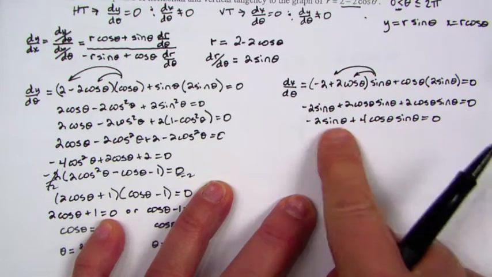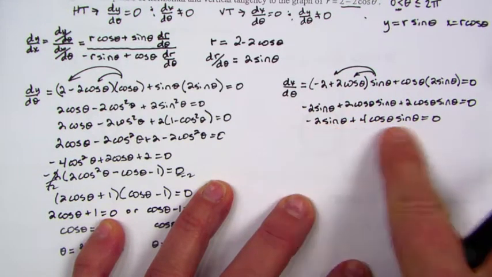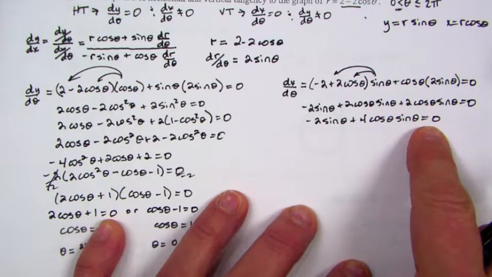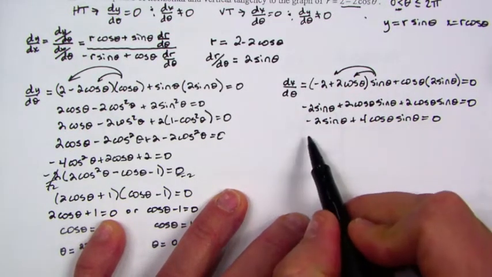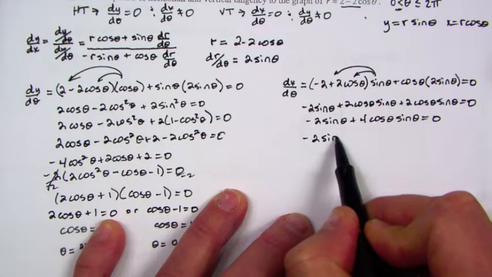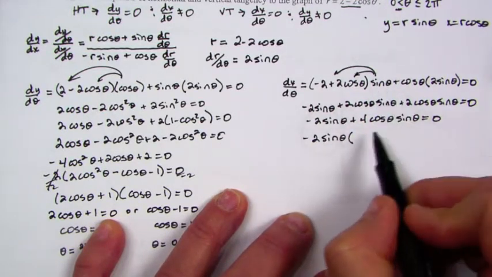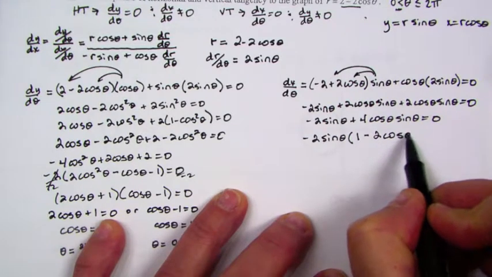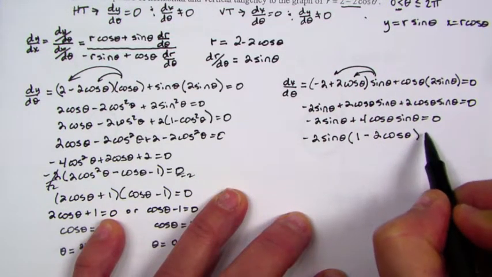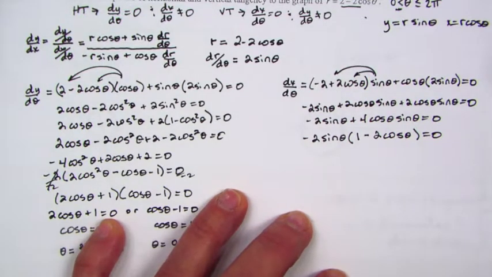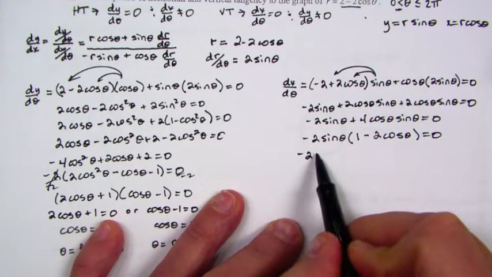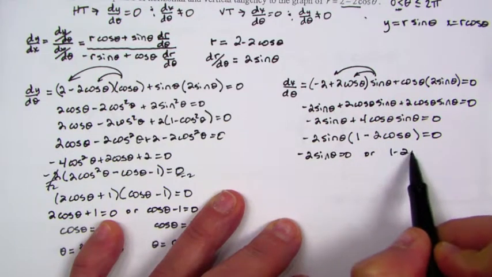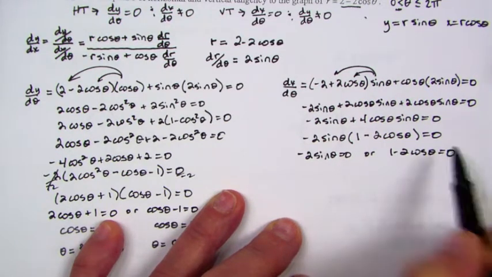And I can now factor out a negative 2 sine theta, and I'll create a multiplication problem, which is what I need to use the zero product property. So I'll factor out my negative 2 sine theta, and that leaves me with 1 minus 2 cosine theta equals 0, which means that either negative 2 sine theta equals 0 or 1 minus 2 cosine theta equals 0.